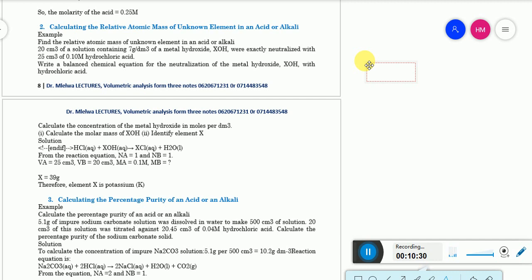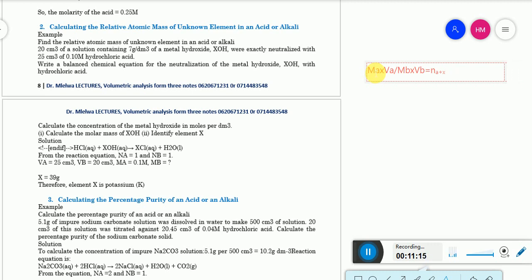So from our formula, it is MA times VA divided by MB times VB is equal to number of moles of acid over number of moles of base.